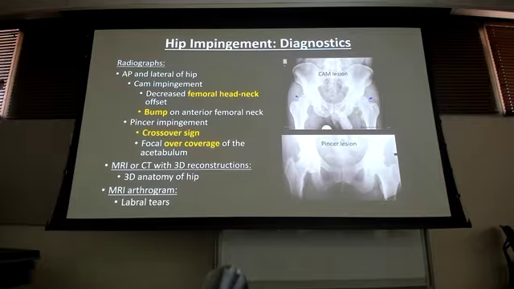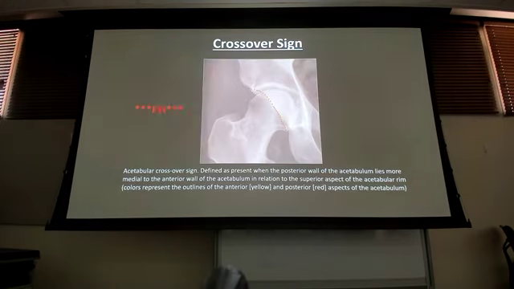Then you have something called a crossover sign. I have seen that commonly used in questions, okay? It won't necessarily tell you to label a crossover sign, but it will tell you that the patient has a positive crossover sign. I have provided this picture here, allegedly, as a supplement. This is not testable. You do not need to know how to draw this.